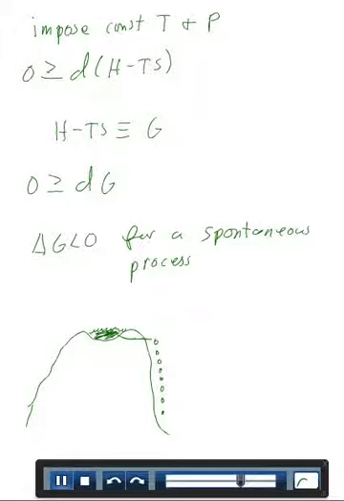So delta G being negative means that the reaction or process is spontaneous, but there might be a barrier keeping it from happening. So delta G of reaction can be negative, meaning the reaction wants to occur, but there might be a large barrier, an activation barrier, keeping that reaction from occurring at an appreciable rate.